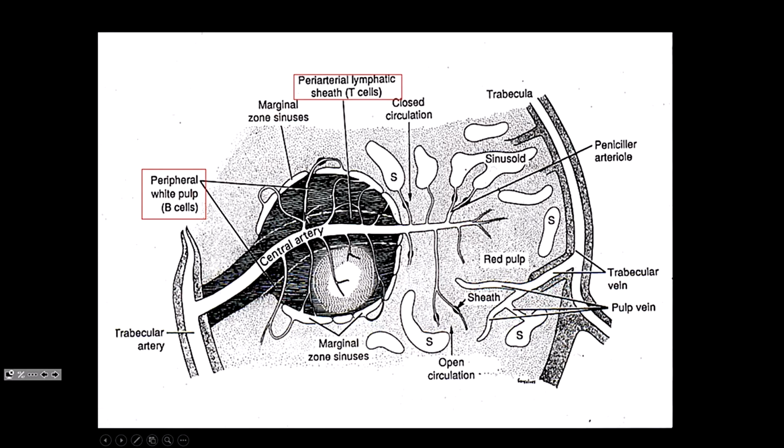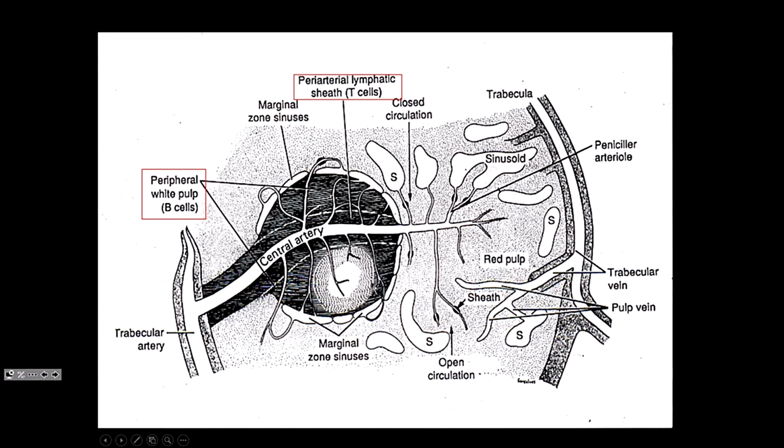That blood, some of it goes to these marginal zone sinuses shown here, where there will be macrophages that may interact with any pathogens flowing through these sinuses, and if these pathogens are found to be foreign, it may cause an immune response, and you may get a secondary nodule formed within the peripheral white pulp, shown here. Then that blood can flow back to the central artery.